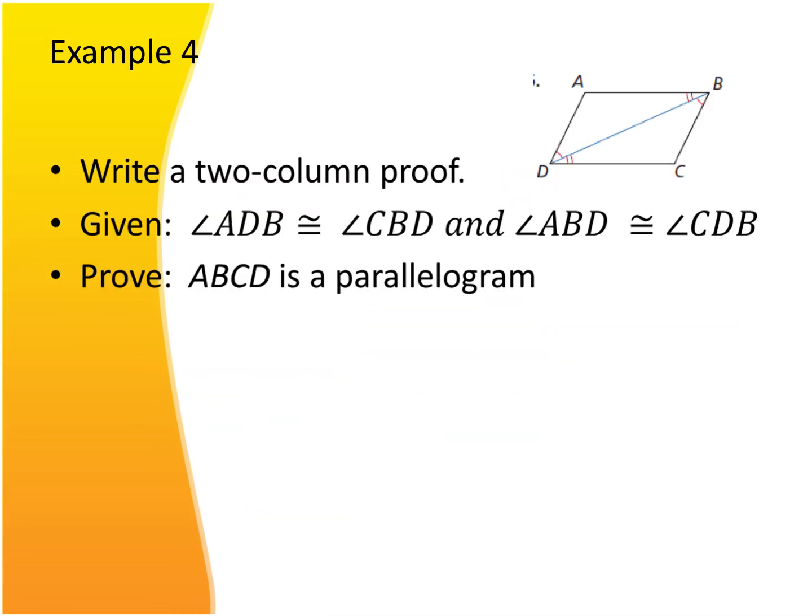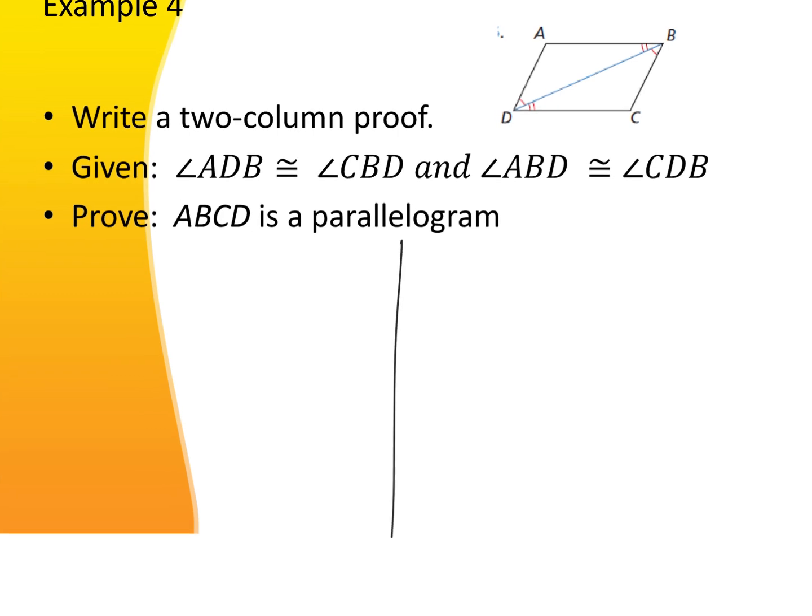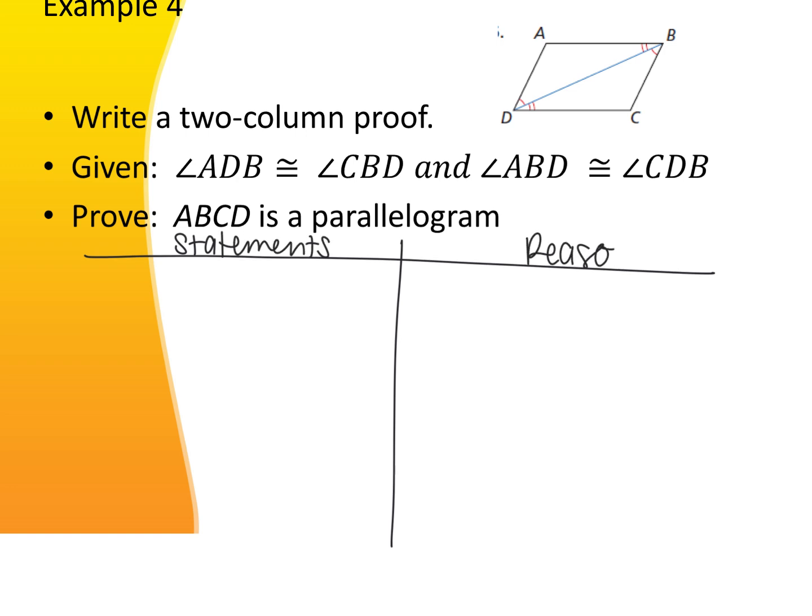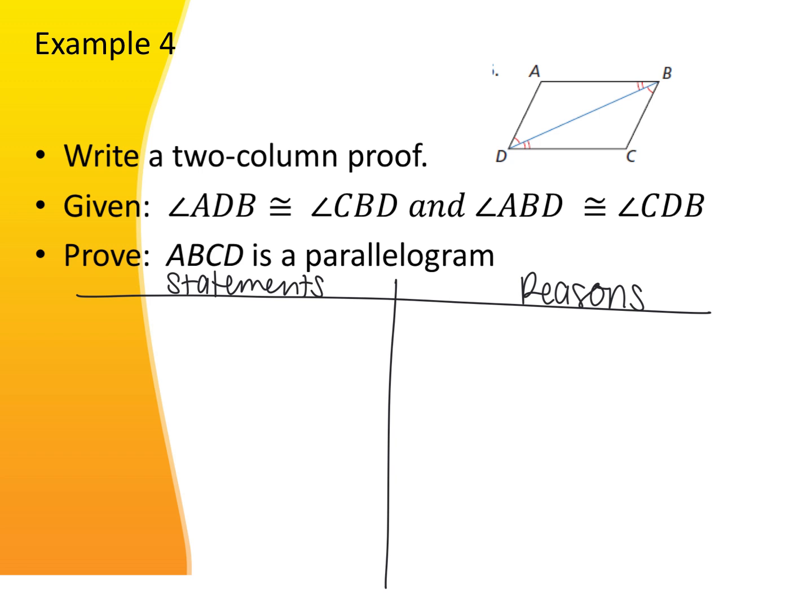And then looking at the last slide, it is a proof. It says write a 2-column proof. So that's the first thing that I should do. Here is my 2-column proof. I have my statements and my reasons. And they're saying, given angle ADB is congruent to angle CBD, and angle ABD is congruent to angle CDB.